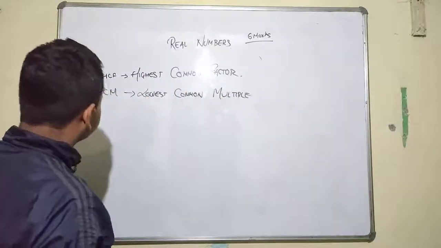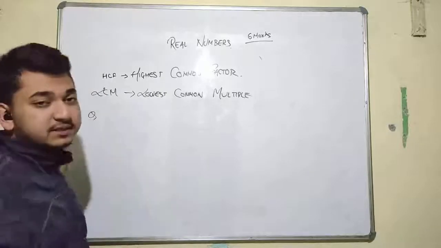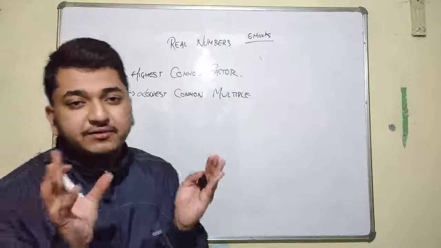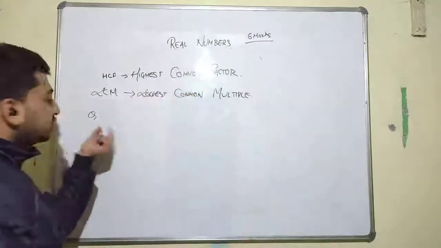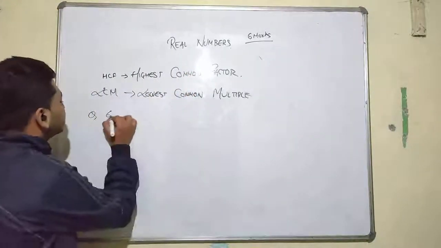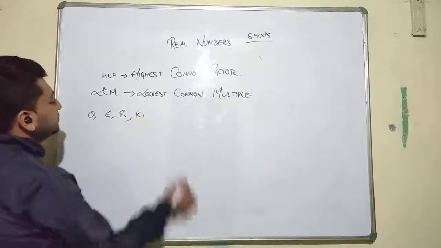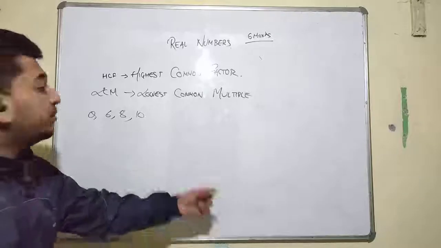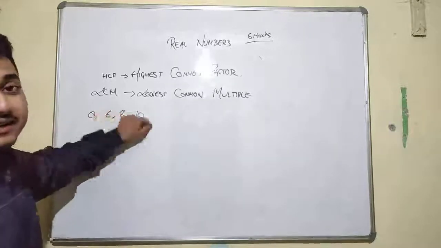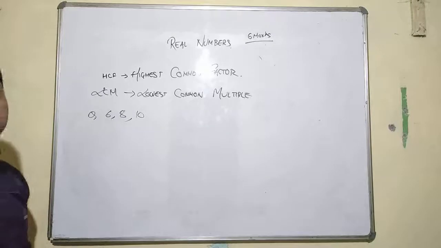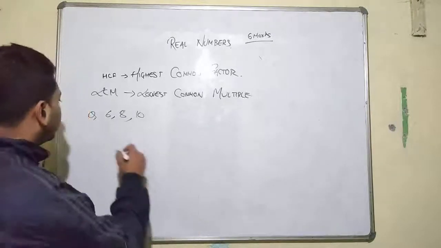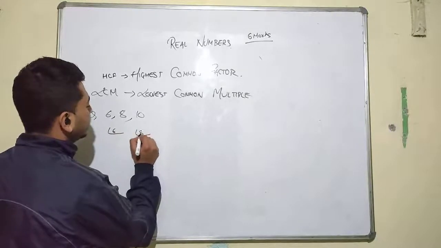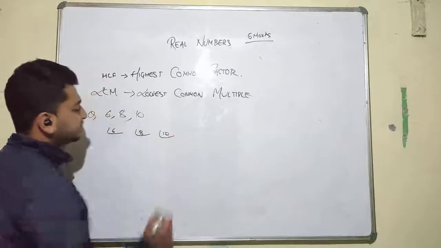So now, some question has come. We'll be doing questions and practicing HCF and LCM. Question: find the HCF and LCM of 6, 8 and 10. How you will do this, for HCF: 6, 8, 10.